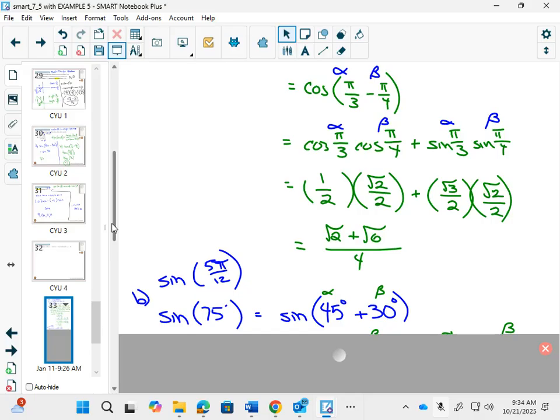And the reason these are called pi over 12 questions, well, 75 degrees technically is 5 pi over 12. So these are all of the pi over 12 angles that are possible. And this technique is basically opening up. I could give you anything pi over 12, and you should be able to figure it out.